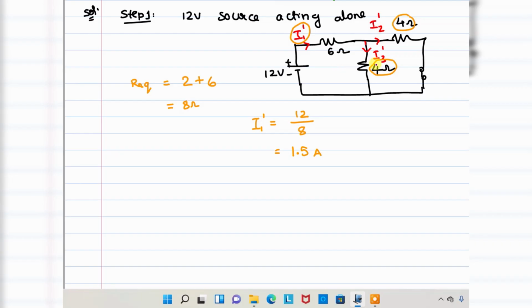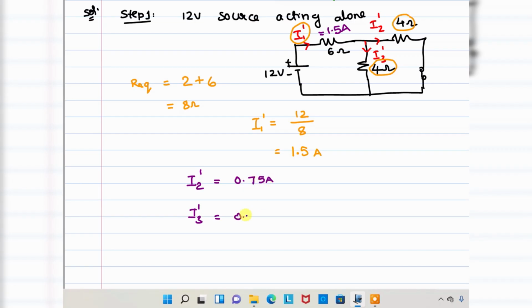Coming to I2 dash and I3 dash, everyone listen carefully. You need not calculate with the current division rule, just common sense you can use. This is 1.5 amperes. These two resistors are the same, so the current will be divided equally, right? That means 1.5 divided equally is 0.75.